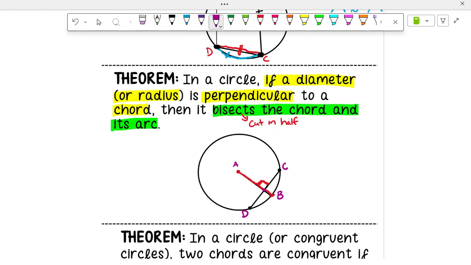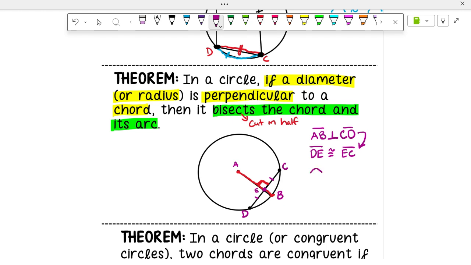And then where they intersect, let's just call that E. So since AB is perpendicular to CD, that means that DE is congruent to EC. So this little segment's congruent to this little segment. And so that leads to this.